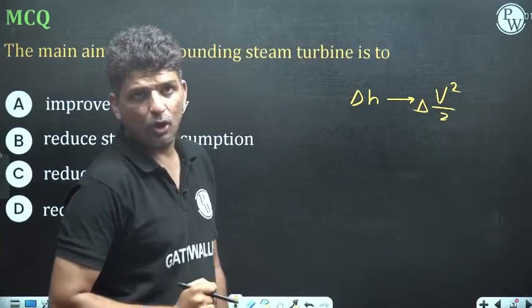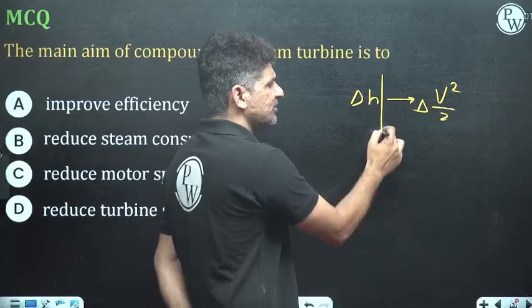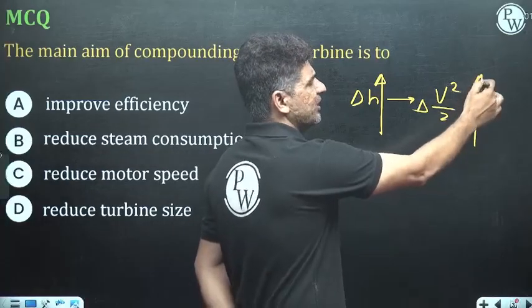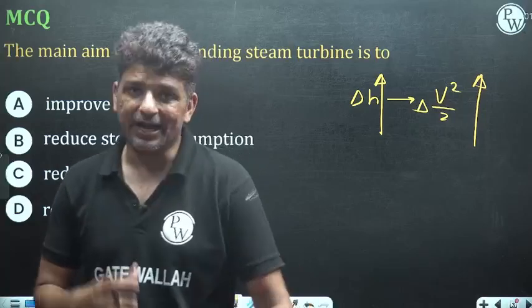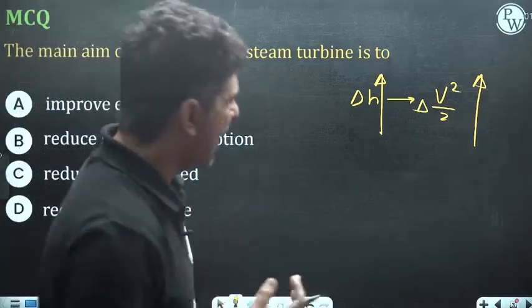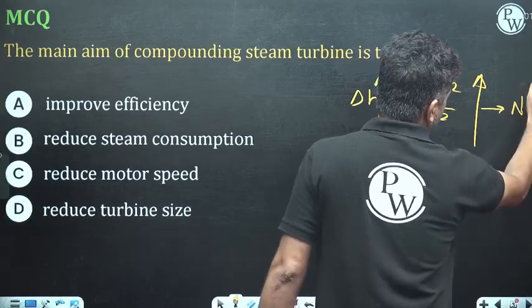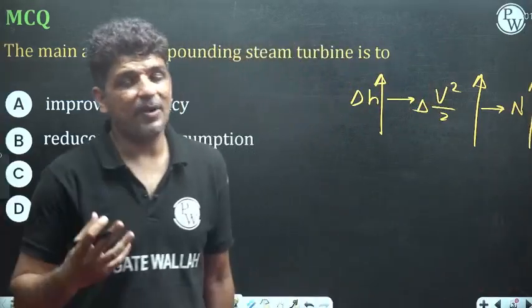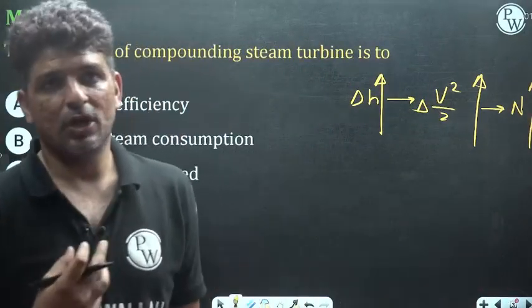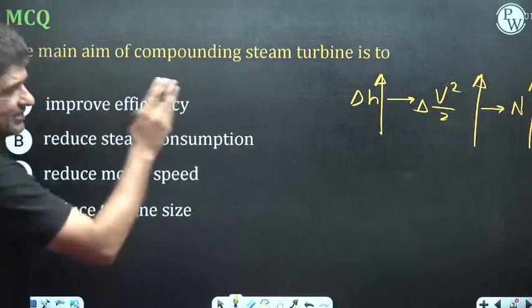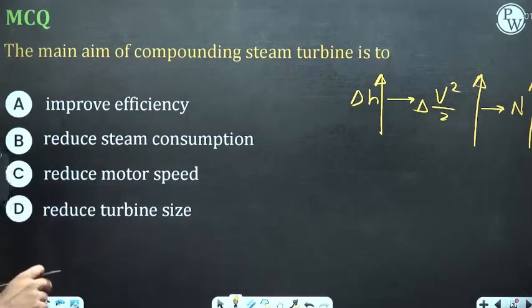Since delta H was significantly high, this was very high. That was leading to very high velocities, and due to very high velocities, the RPM of the machine was coming out beyond the power generation values. So the RPM was very high, and we do the compounding basically to reduce the rotor speed.